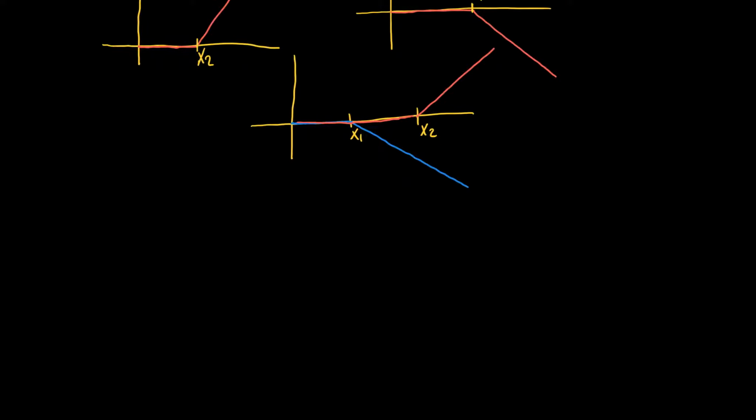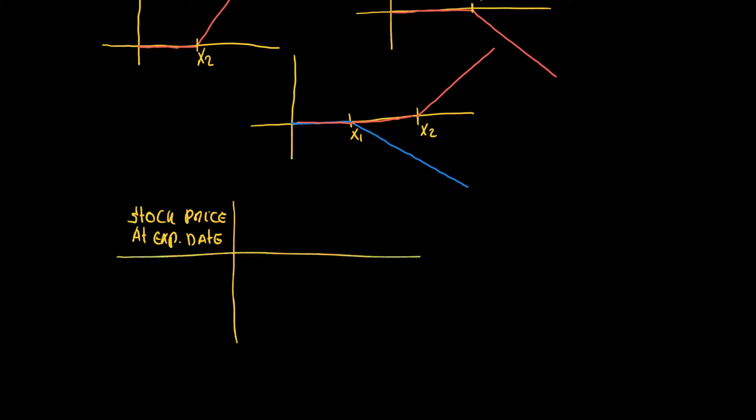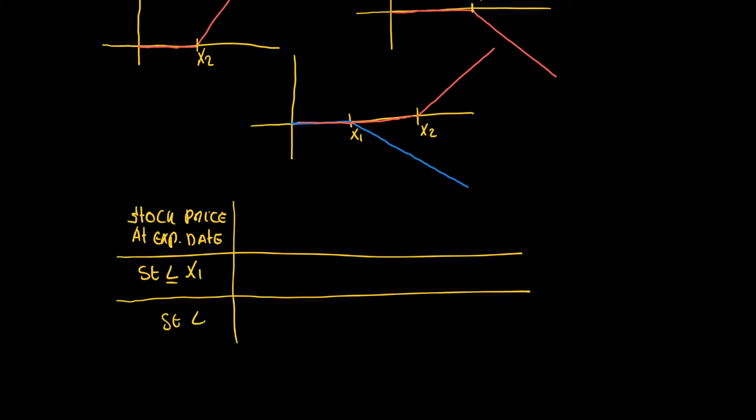At expiration date, three scenarios can happen to the stock price. The stock price can be below or equal to X1, the stock price can be between X1 and X2, or the stock price can be higher or equal than X2.